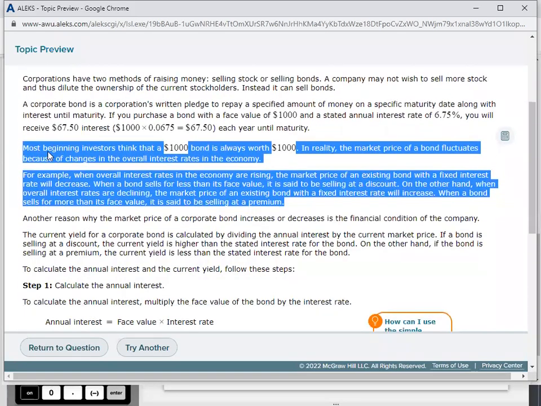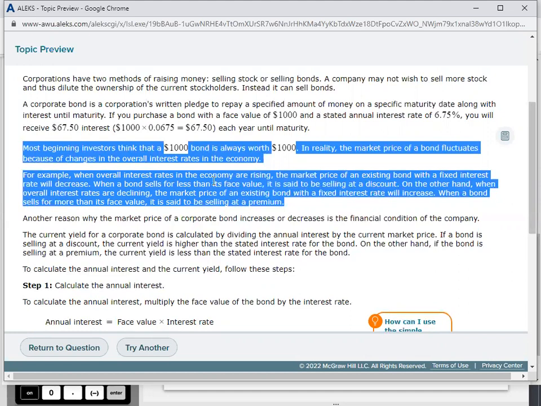Most beginning investors think a $1,000 bond is always worth $1,000. In reality, the market price of a bond fluctuates because of changes in the overall interest rates in the economy. For example, when overall interest rates are going up, which they are right now, this is currently August 2022, then the market price of an existing bond with a fixed interest rate will go down, and vice versa.